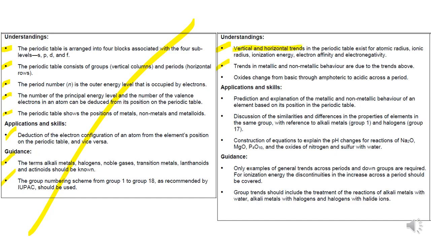We talked about metallic and non-metallic, and we talked about oxides. I explained how we can predict whether something's a metal or a non-metal based on its position on the periodic table. We talked about comparing two different group 1 elements with each other and two different group 17 elements with each other.